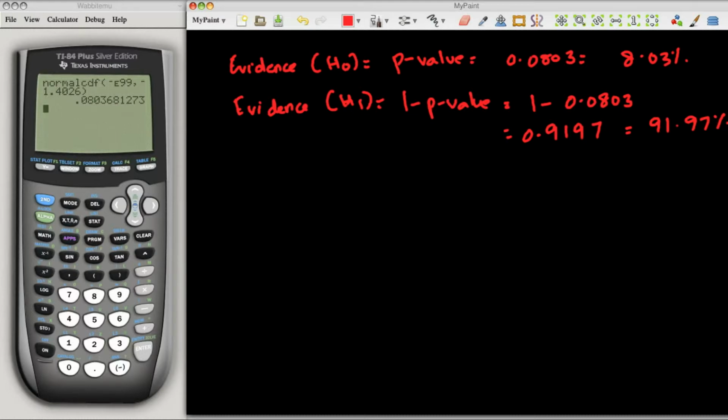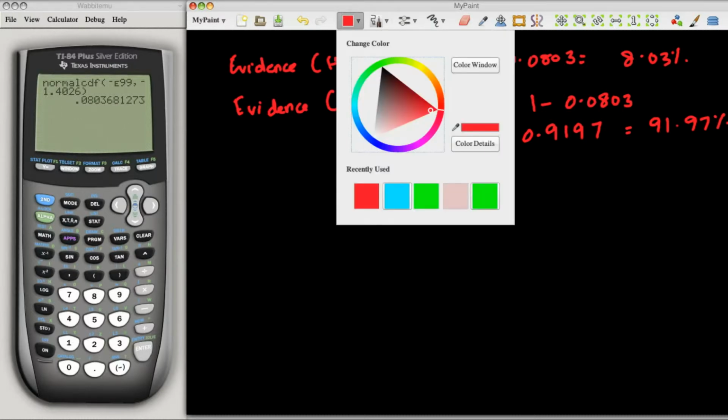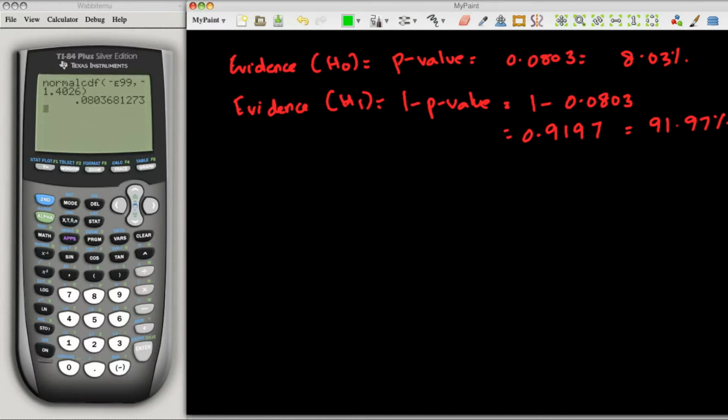So in that case, it's always best to use the alternative or formal interpretation of a p-value, which is that the p-value is the amount of error in rejecting the null.